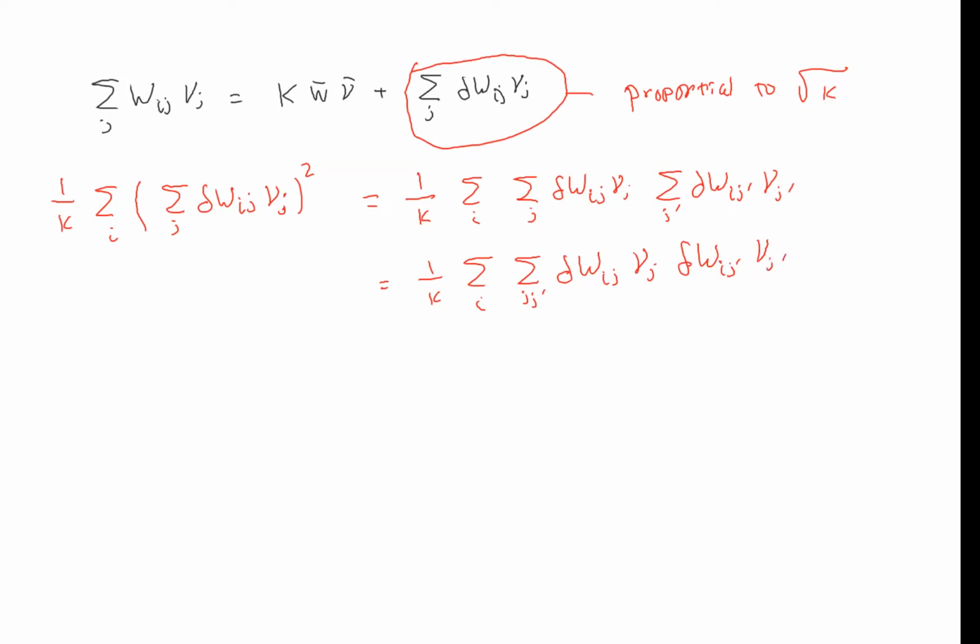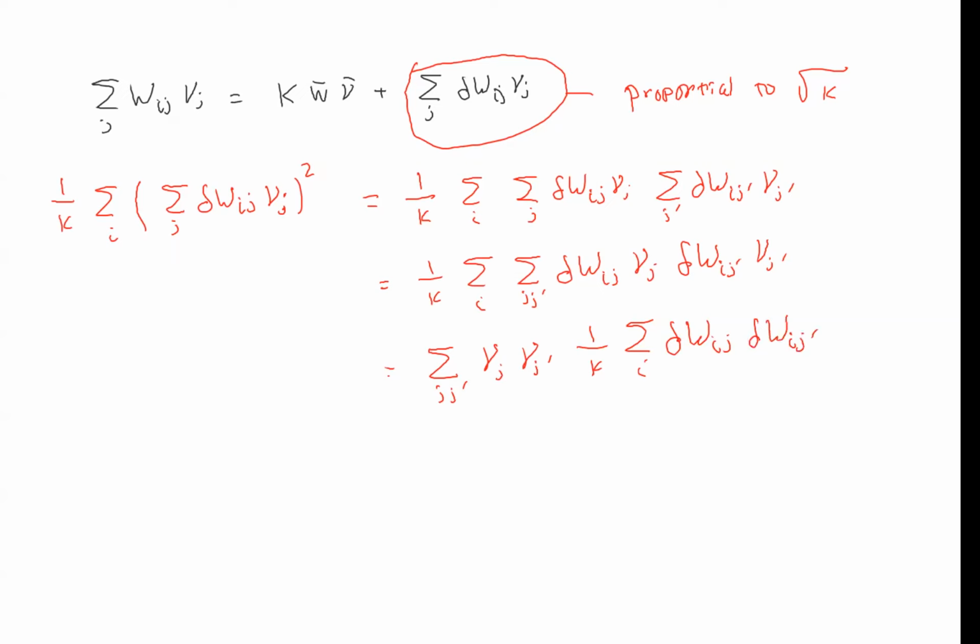Now we're going to rearrange terms. The sum on j, j prime, nu j, nu j prime, and 1 over k, the sum on I, delta wij, delta wij prime.